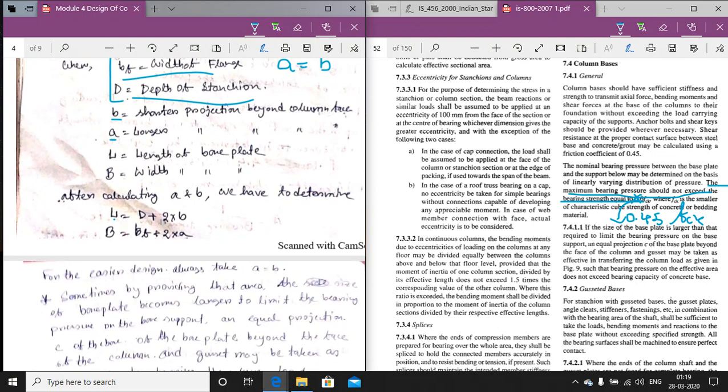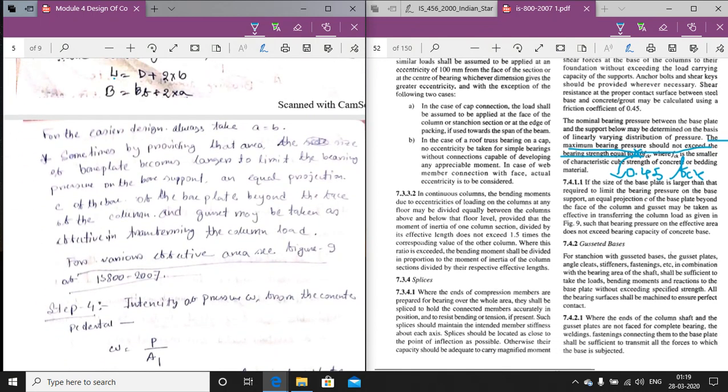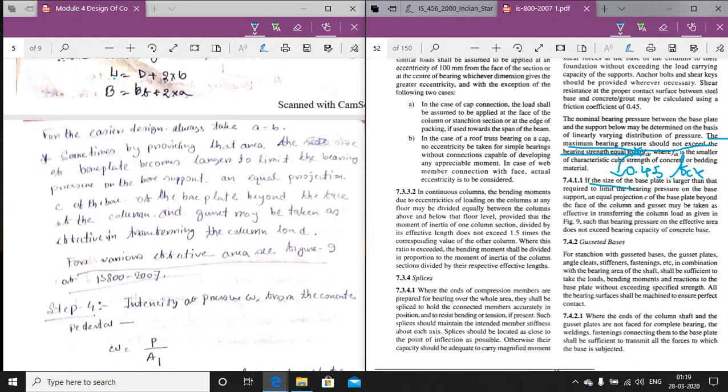Okay, now coming to another clause in the IS code. IS 800 says that if the size of the base plate is larger than required to limit the bearing pressure on the base support, an equal projection C of the base plate beyond the face of the column and gusset plate may be taken as effective in transmitting the column load. What does it want to say?